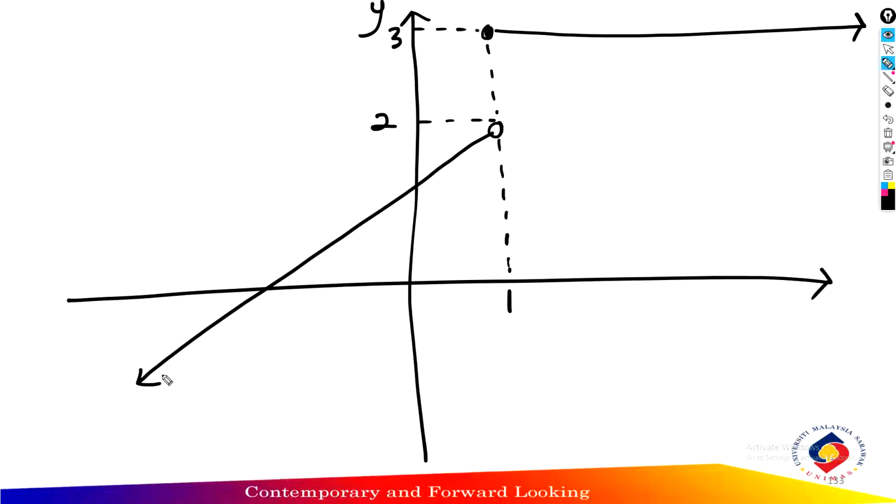The graph of the linear function is defined between negative infinity and x equals 1, and you put the empty circle at (1, 2). And for the second function, the graph of the constant, you just draw the horizontal line between 1 and positive infinity. Okay, and now find the left-hand limit of the function.